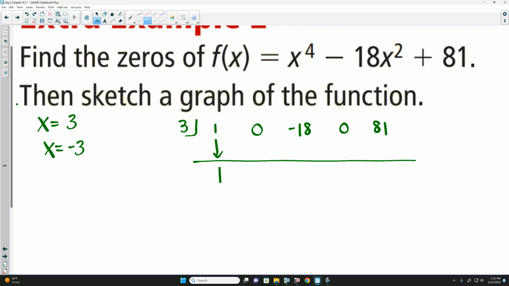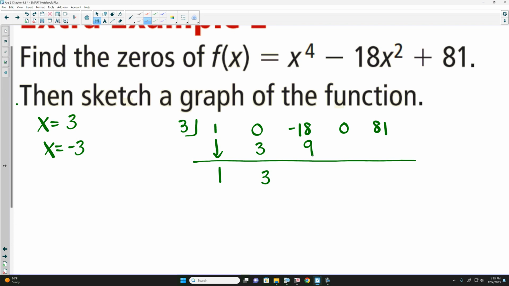First thing we'll do is bring down the 1. Our 3 times 1 is 3. 0 plus 3 is 3. 3 times 3 is 9.